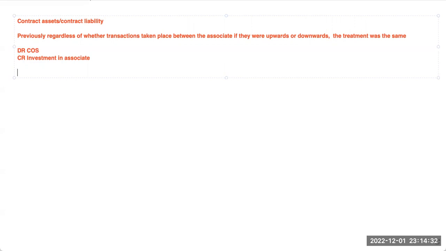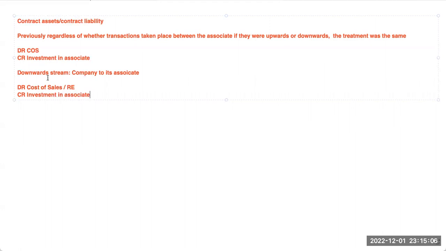So if the sale took place as a downwards stream, it means from company to its associate, the correcting entry would be debit cost of sales, or retained earnings, it depends on what kind of statement you are preparing, and credit the investment in associate.